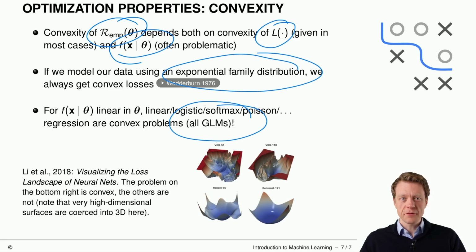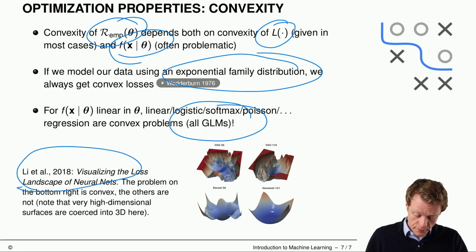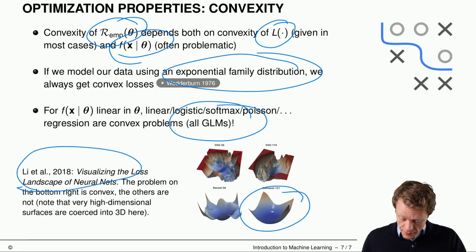I teased very shortly that for deep neural networks we have this problem of multimodality, so that there are a lot of local minima. Here you see some loss landscapes of neural networks from this paper. This thing here is actually convex, but the others are not, right?